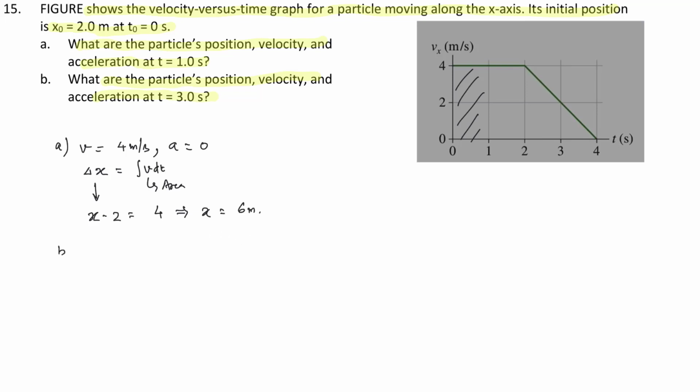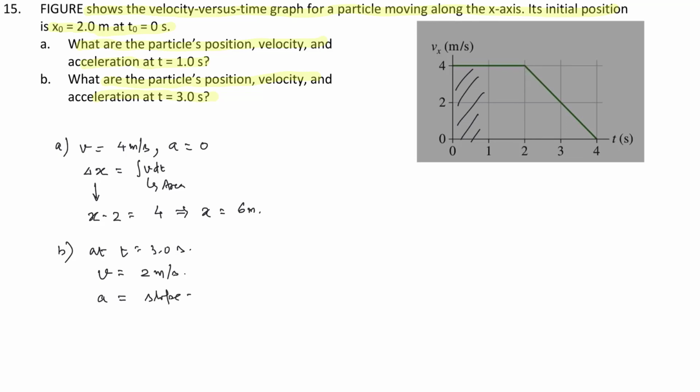Similarly, part B, we need to find position, velocity, acceleration at 3 seconds. As far as velocity is concerned, from direct observation, at 3 second velocity is equal to 2 meter per second. To find acceleration, we need to find slope. Consider this triangle.